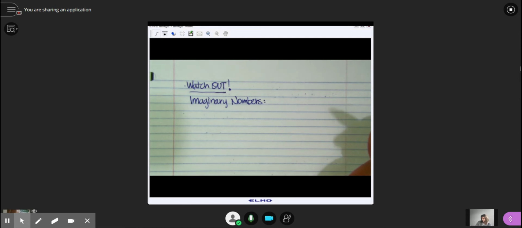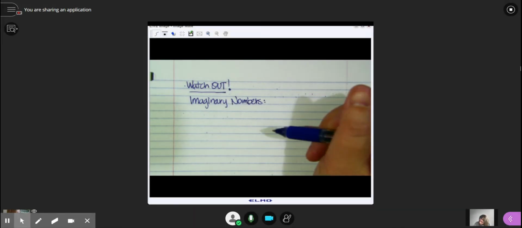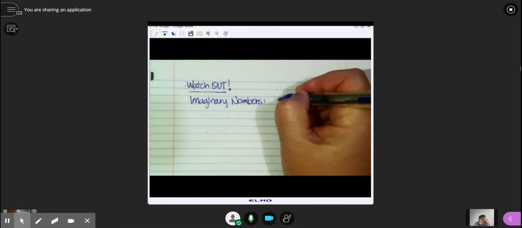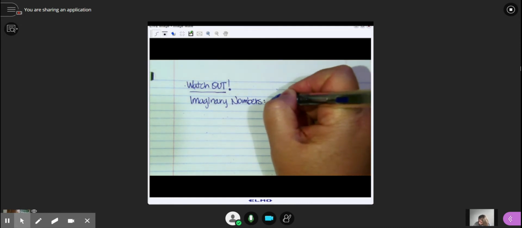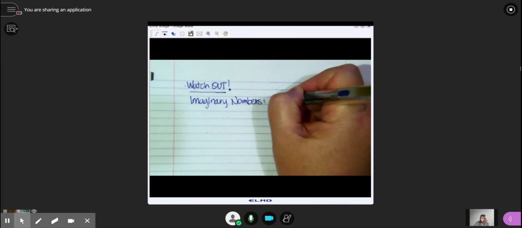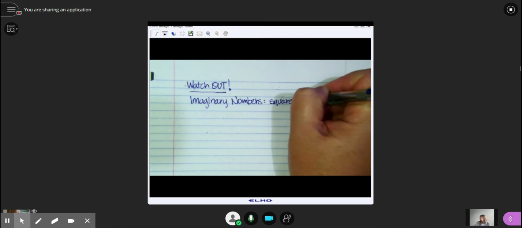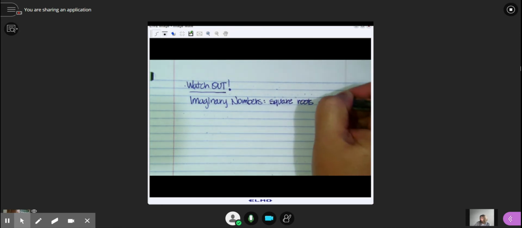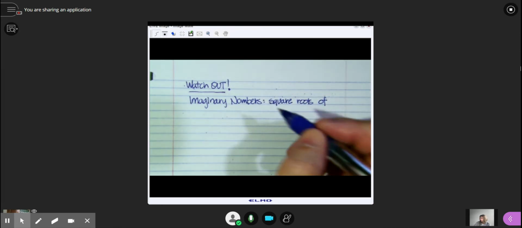Okay. So we do need to watch out as we're doing our mathematics for what are known as imaginary numbers. Imaginary numbers are square roots of negative numbers.